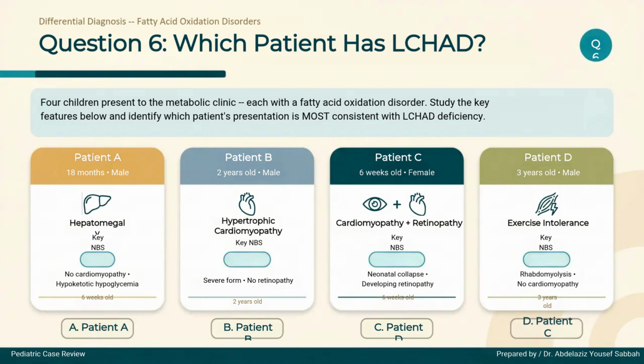Question 6. 4 children present to the metabolic clinic, each with a fatty acid oxidation disorder. Patient A is an 18-month-old male with hepatomegaly, a newborn screen showing elevated C8, no cardiomyopathy, and hypoketotic hypoglycemia.